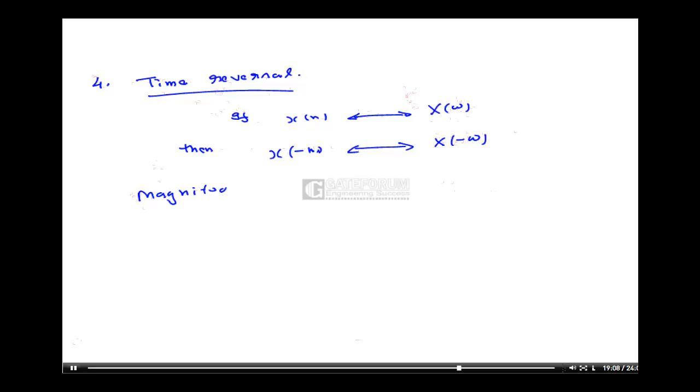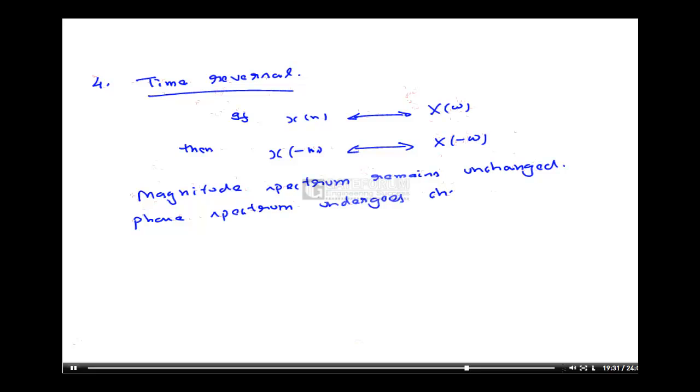Magnitude spectrum means unchanged. Phase spectrum undergoes change in sign. Okay.